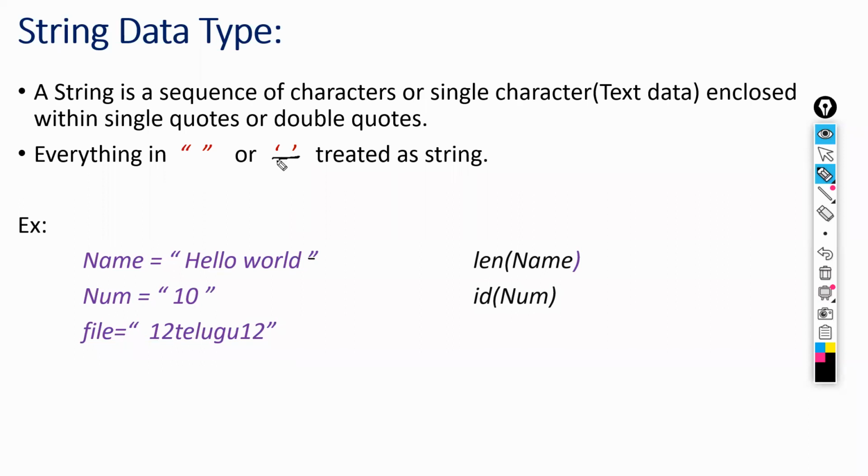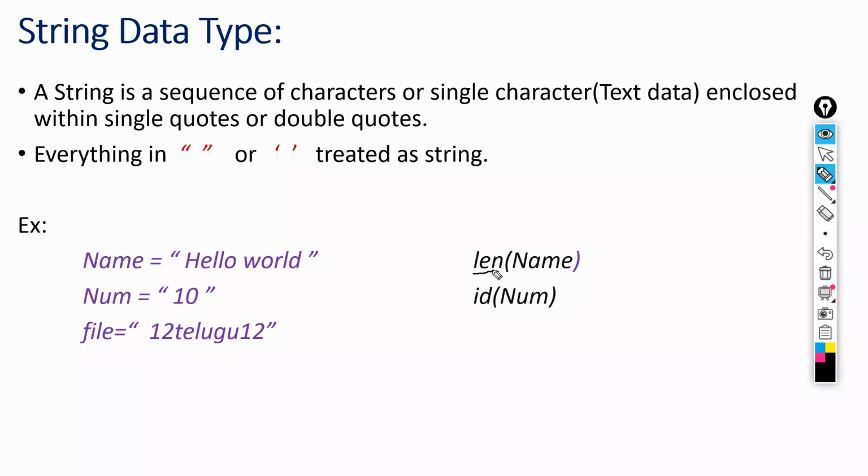Then the data is treated as string data type. Now, if I want to count how many characters are there in my name, I have already told you the length function. The length function is used to count the number of values in that particular variable or identifier.